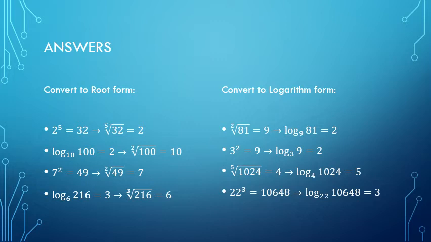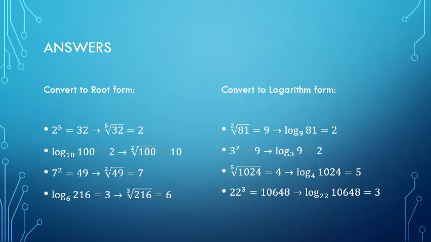So the 2 goes over the sign of the root, and the number that is left, which is 100, goes inside the box. And the other exercises are done in the same way. 7 to the power 2 equals 49, converts to square root of 49 equals 7. And logarithm in base 6 of 216 equals 3, converts to cubic root of 216 equals 6.